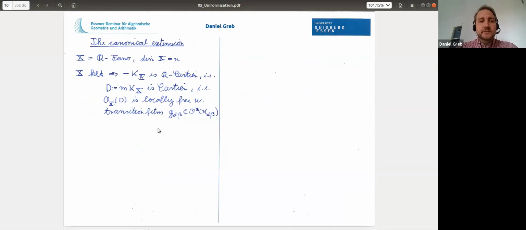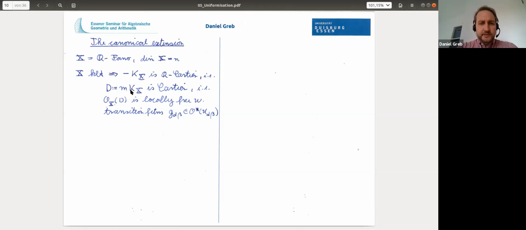So my setup is as before. So I have this Q-Fano and this dimension n. As I explained, KLT in particular implies that minus KX is Q-Cartier, i.e., D equal to minus m KX is Cartier for some m.